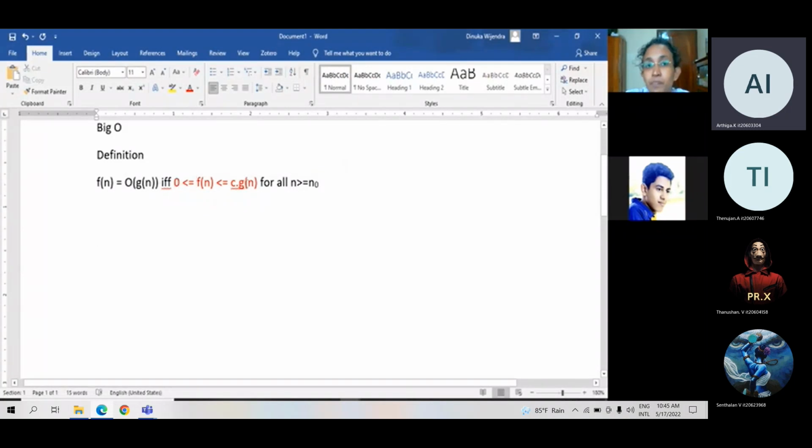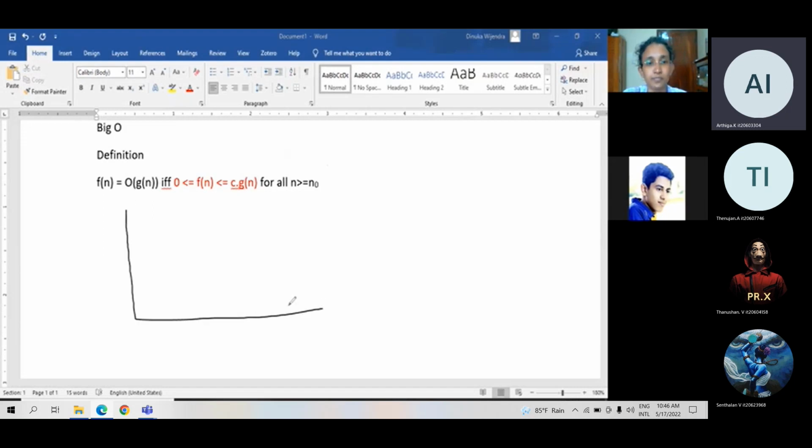And it should be lesser than or equal to this one. g(n) means the value inside the big O. If you get that value inside the big O and multiply it by a constant, this multiplication should be greater than the original function. And that is happening when n is greater than n0. Now you might not be understanding what I'm saying anyway. Just it should be like this, right?